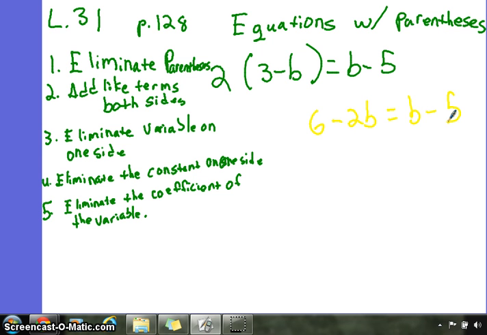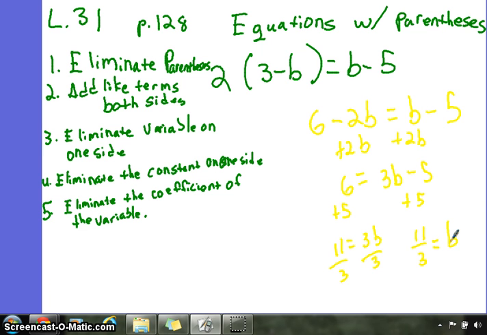I want to eliminate the variable on one side, so I'm going to add 2b on both sides. That's going to be 6 equals 3b minus 5. I need to eliminate the constant on one side, so I'm going to add 5 to both sides. So that's going to give me 11 equals 3b. And then I need to eliminate the coefficient, so I'm going to divide by 3 on both sides to get 11 thirds equals b. Okay?